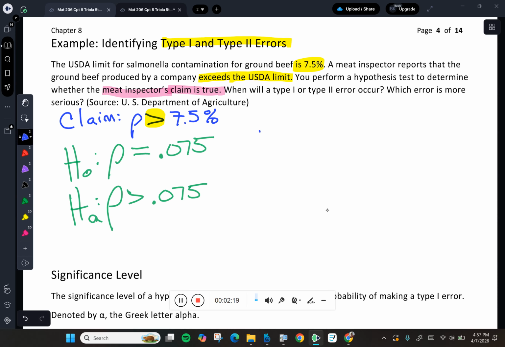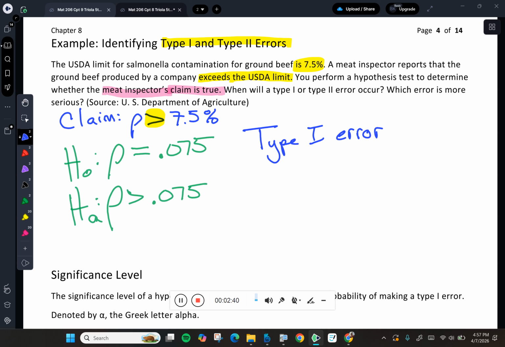If we run the test and make a type 1 error when we run the test, what does that mean? Well, let's see. A type 1 error is when you reject the null hypothesis, but you shouldn't have because it was true.